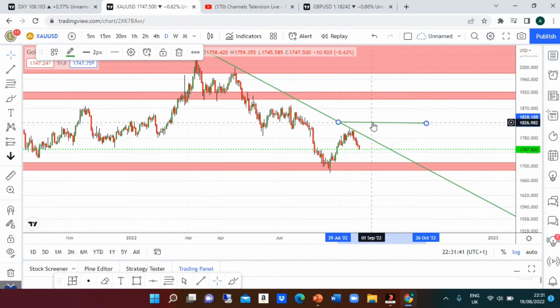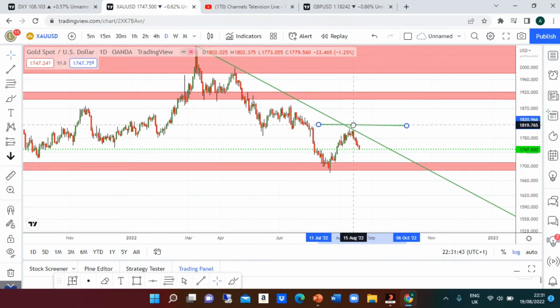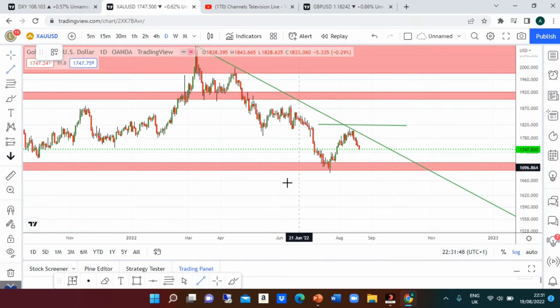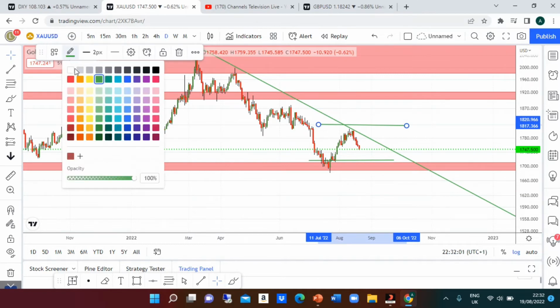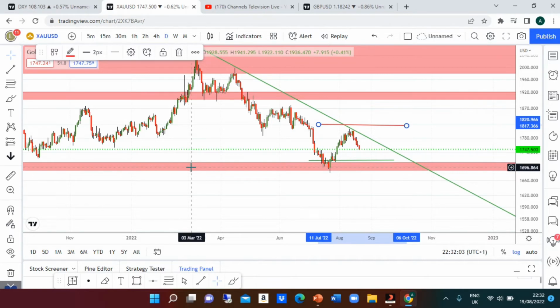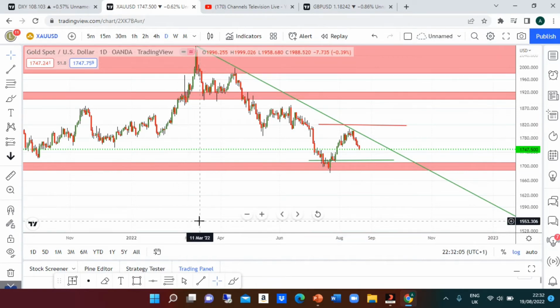A little bit above, not too tight. Then your take profit would have been here. Here, stop loss, and you make stop loss red. Okay, so this is how you trade.